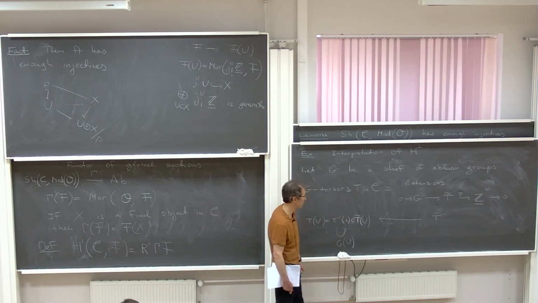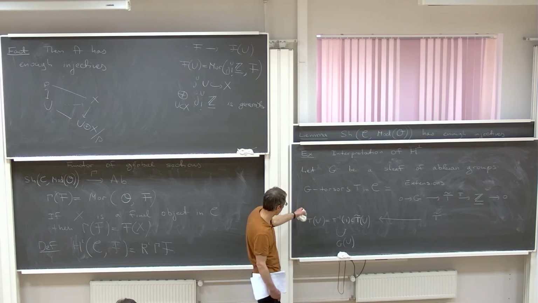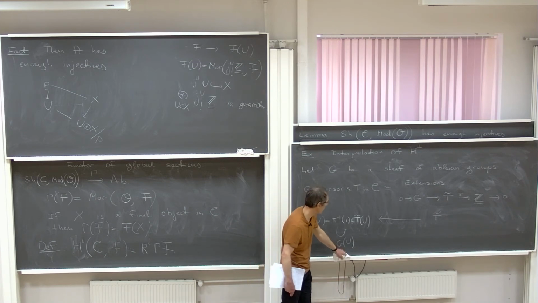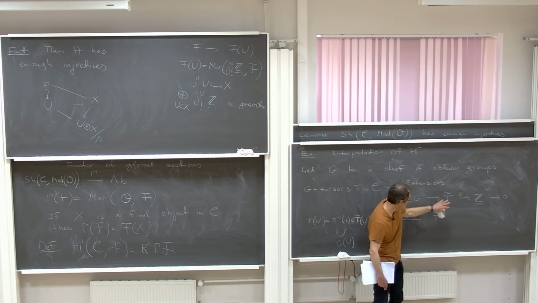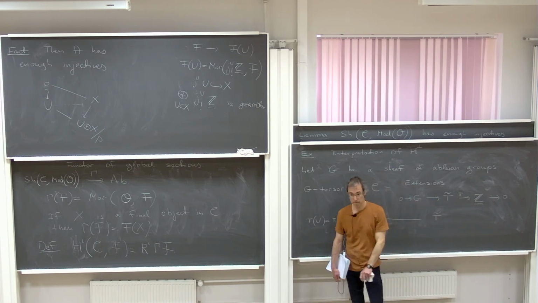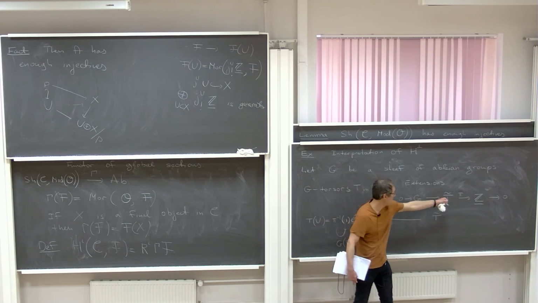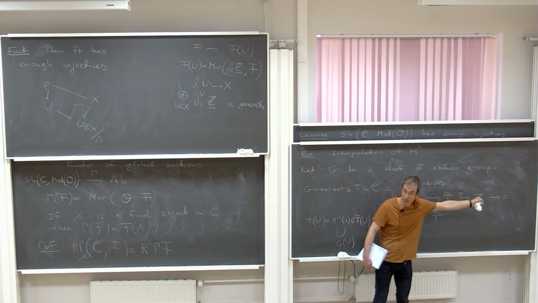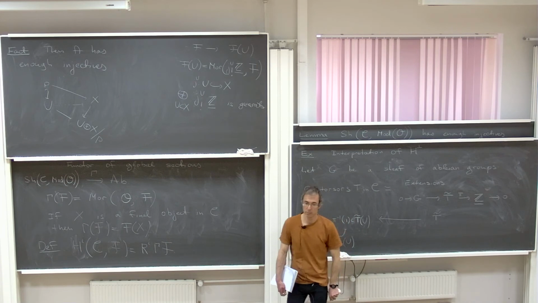But really the content is that this functor is an isomorphism on morphisms, right? The automorphisms of the trivial torsor are precisely global sections of G, and automorphisms of the trivial extension are also global sections of G. Right? Because if T tilde is G plus Z, I look at the upper triangular matrices with ones on the diagonal. That gives me this.